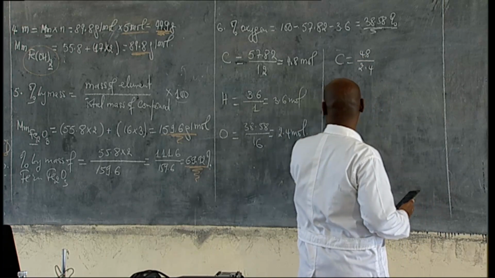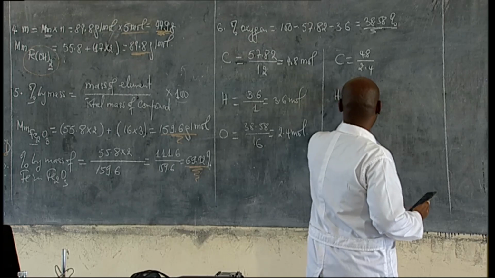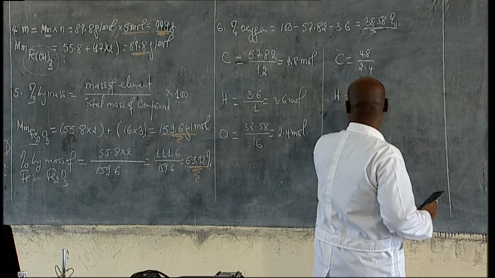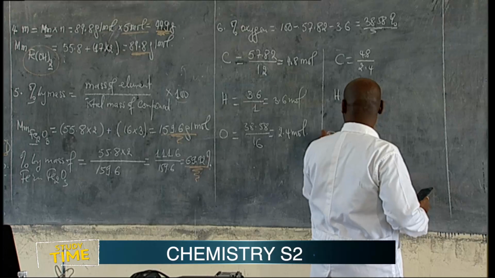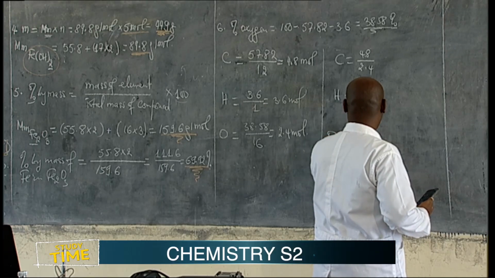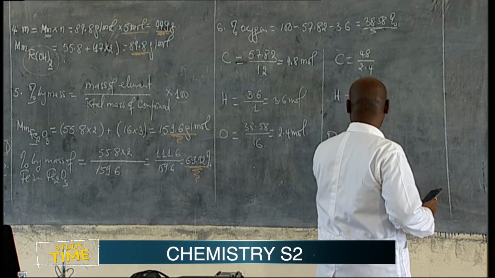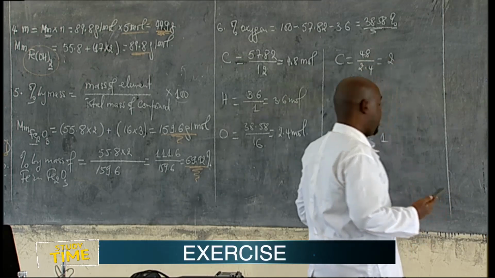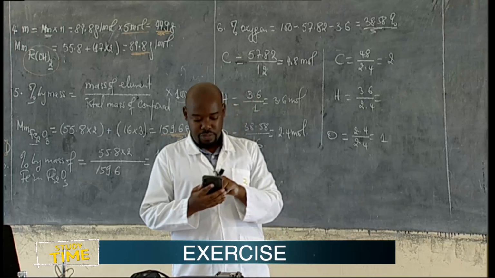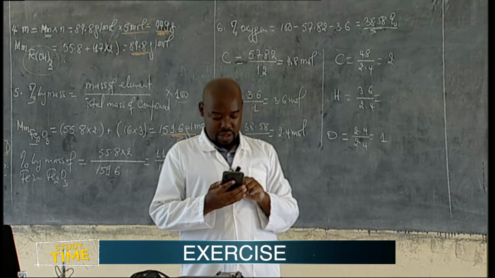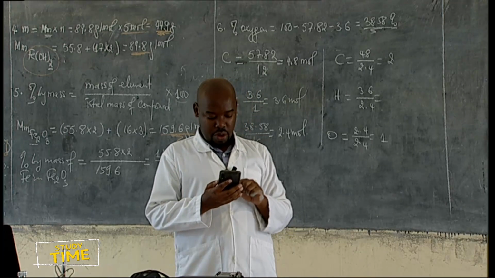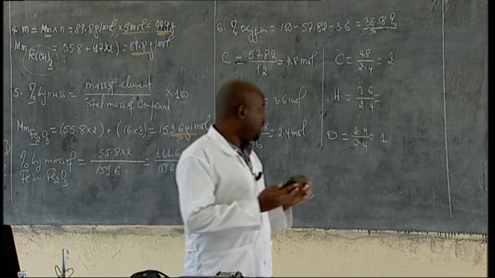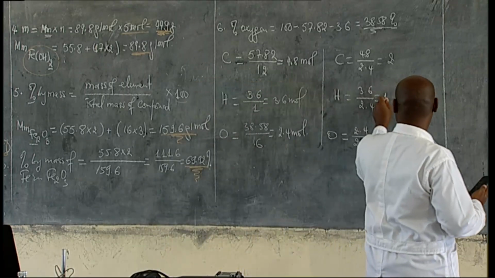See, this is the smaller one. For hydrogen, it's 3.6 over 2.4, and for oxygen, it's 2.4 over 2.4. We get 1, we get 2, and for 3.6 over 2.4, we get 1.5.